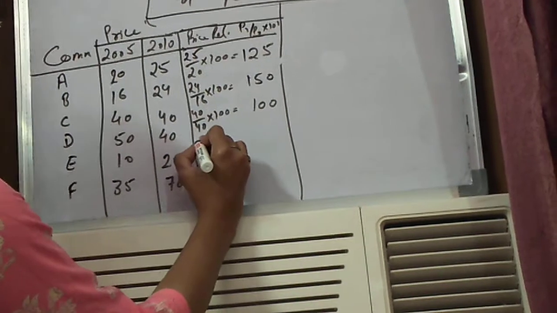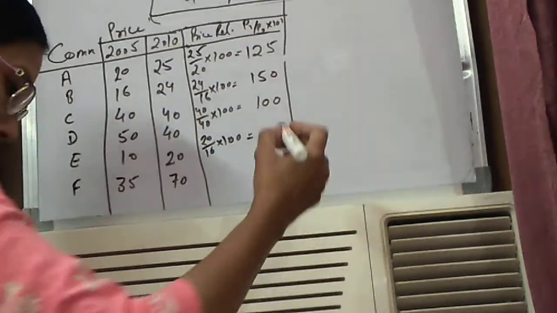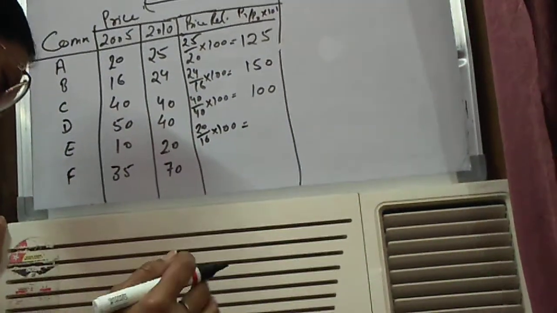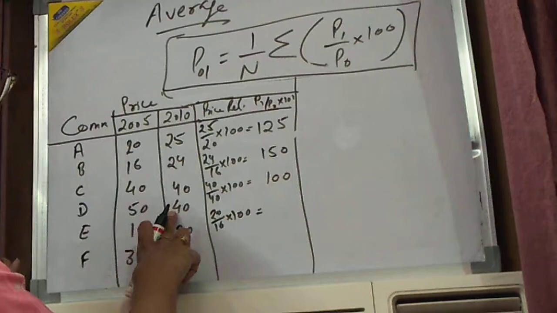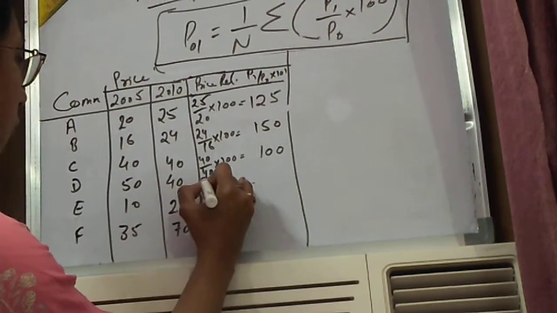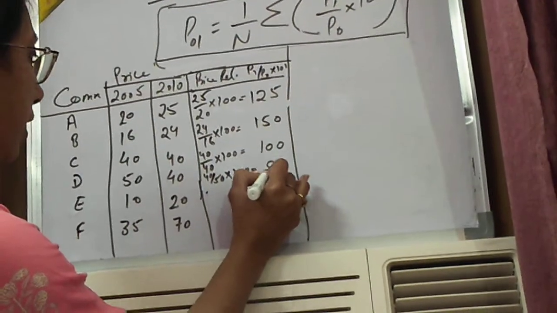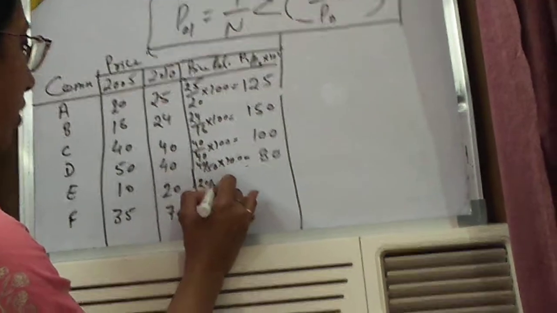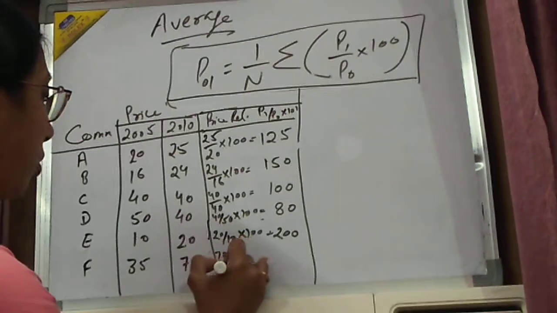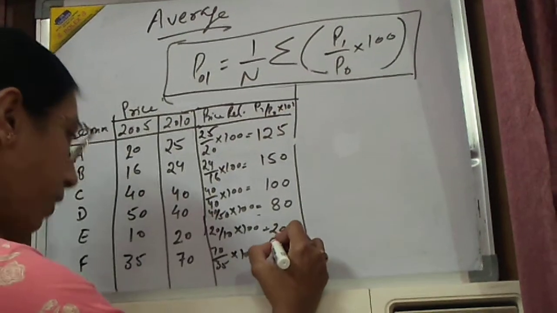Then 40 upon 50 into 100. So the answer will be 80. Then 20 upon 10 into 100. Answer will be 200. And then 70 upon 35 into 100. Again the answer will be 200.